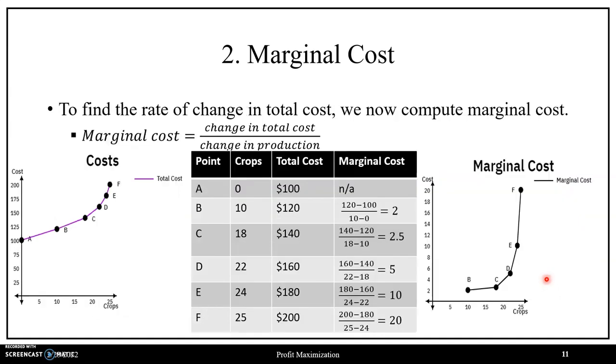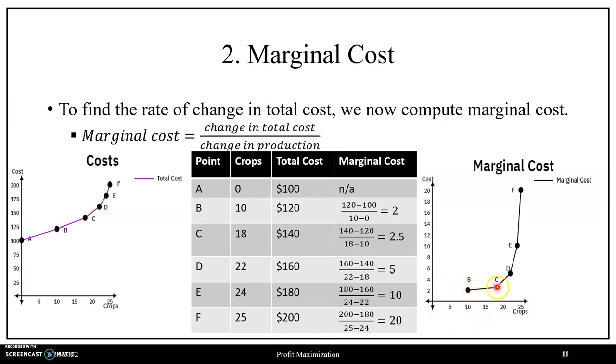Now, in terms of the rate of change, this is going to be marginal cost, which is the slope of the cost function, the change in total cost divided by the change in production. And we know that marginal cost is upward sloping due to diminishing returns on labor, as we see with our marginal cost graph on the right, where cost is on the vertical axis and crops is on the horizontal axis.